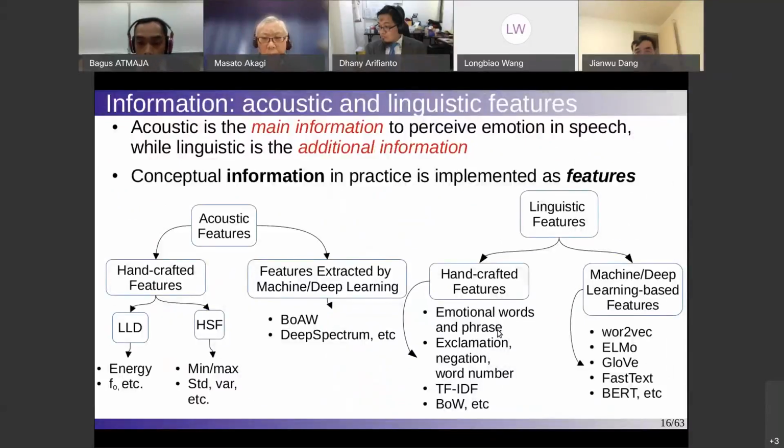In the sentence they calculate the negation and maybe some emotional words, counting them in one sentence. So the textual or linguistic information is that they count the negative or positive emotion. Okay.